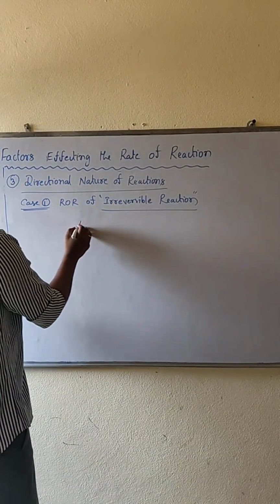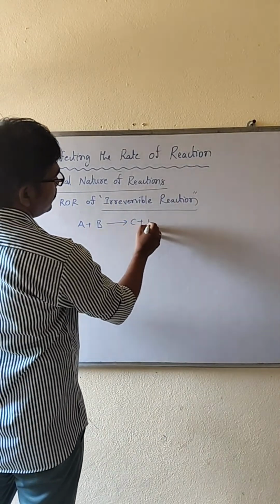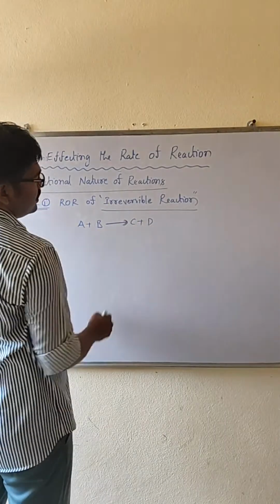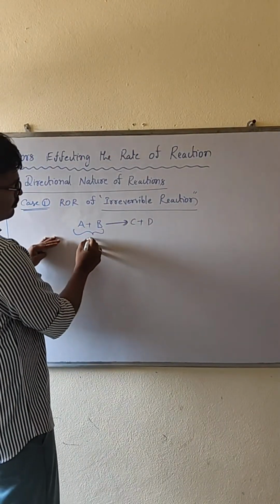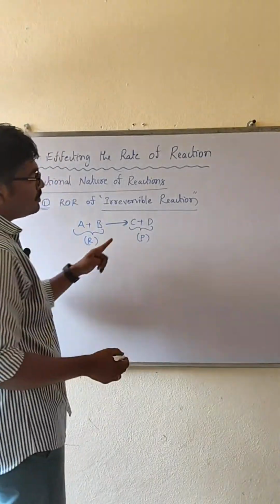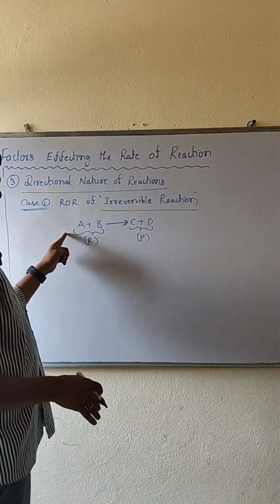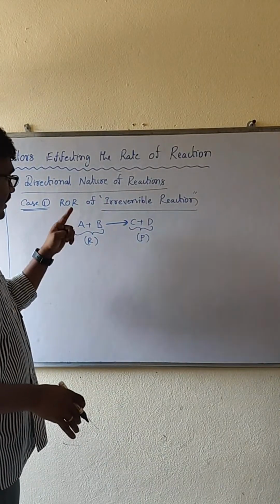For example, a common reaction A plus B can be converted into C plus D, only in one direction. Reactants can be converted into products, but products cannot be converted back into reactants. That type of reaction we call an irreversible reaction.